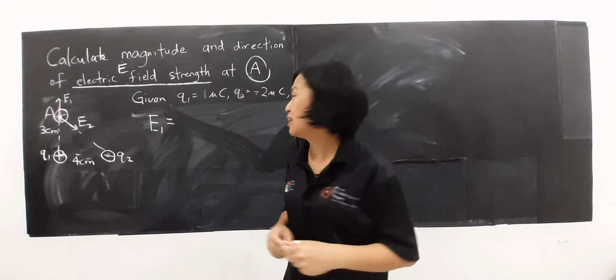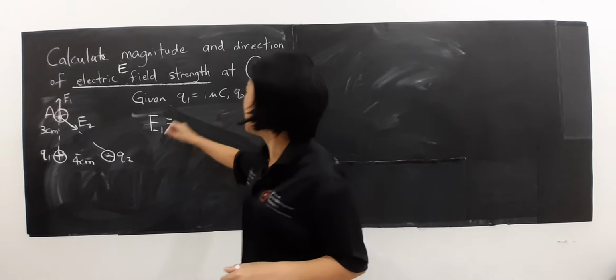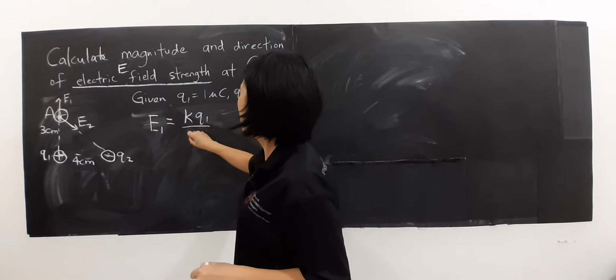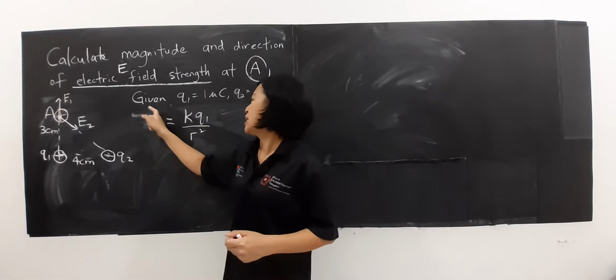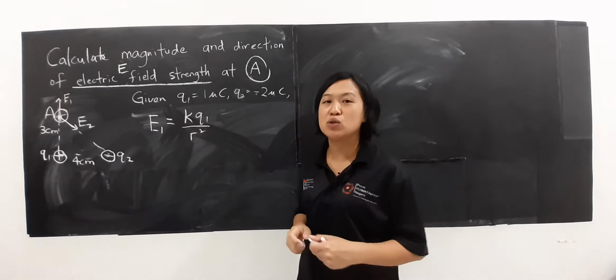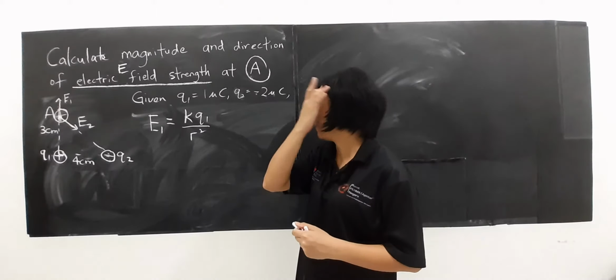How do we calculate? For E1 use the formula E, that is k Q1 over r squared. Remember, electric field E1 is produced by charge number 1. Okay?